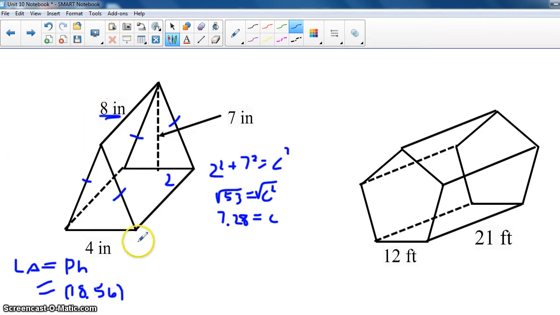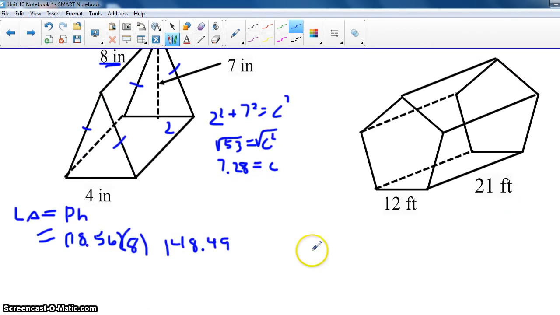So I want 18.56 times 8, which is about 148.49. So that's our lateral surface area.